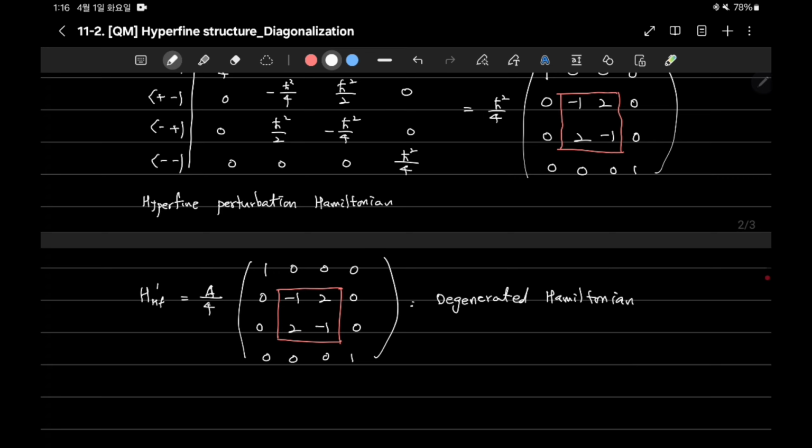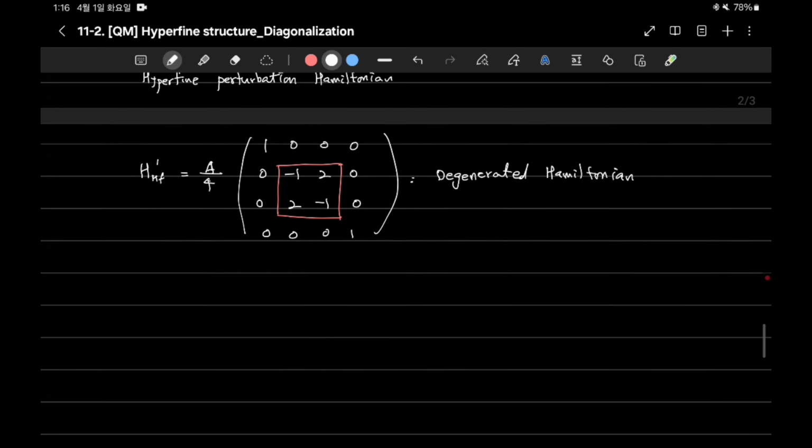In the previous lecture, we already know that this degenerated Hamiltonian should be diagonalized in the degenerated subspace. So let's make the degenerate problem here, minus lambda. It is a subspace.